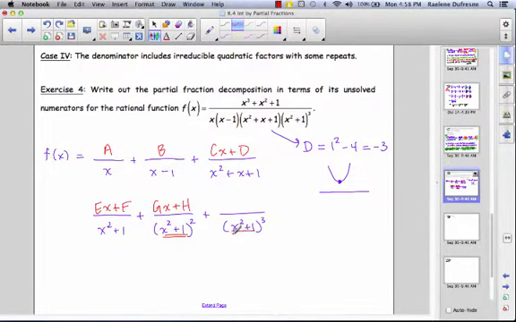And again, the quadratic is the base, so we have ix plus j. And that would be applying all of the rules to this partial fraction decomposition.